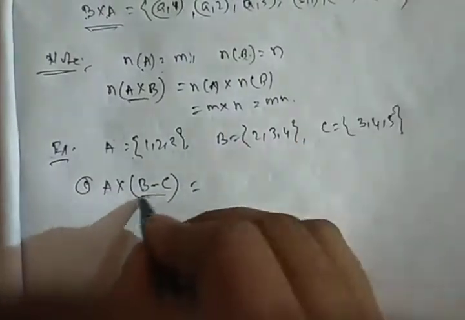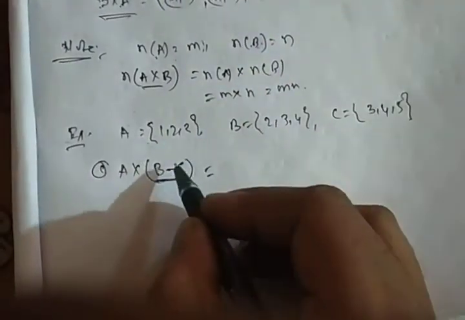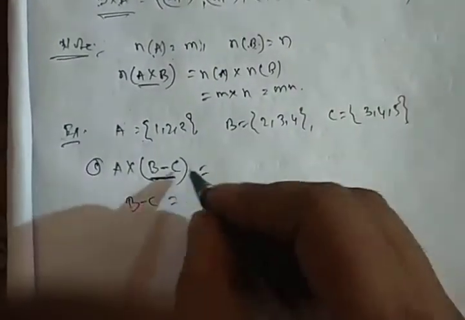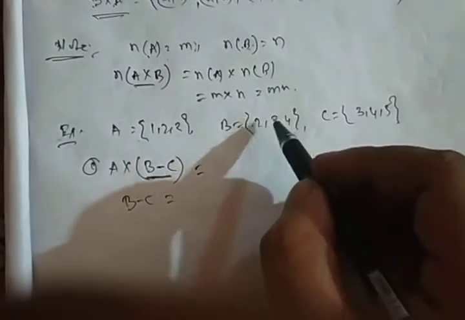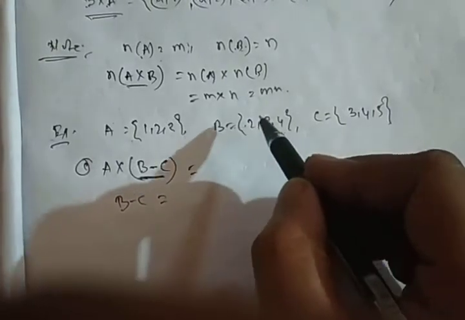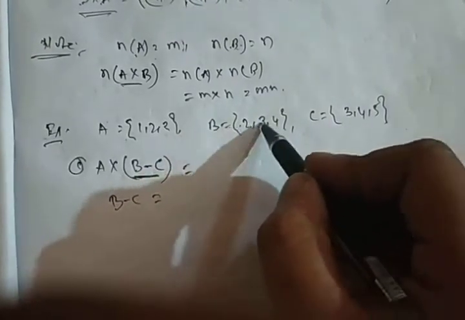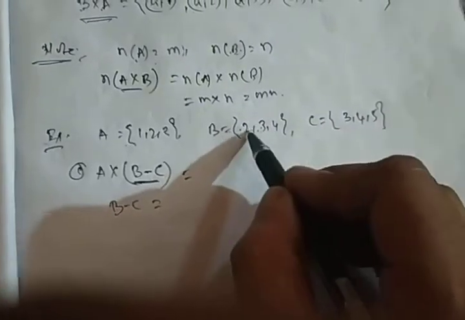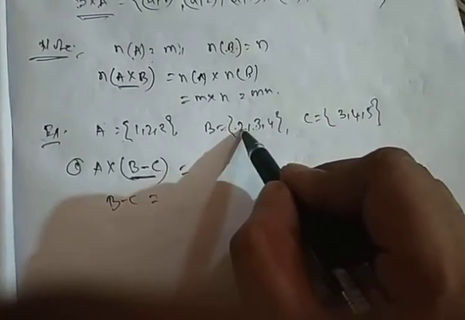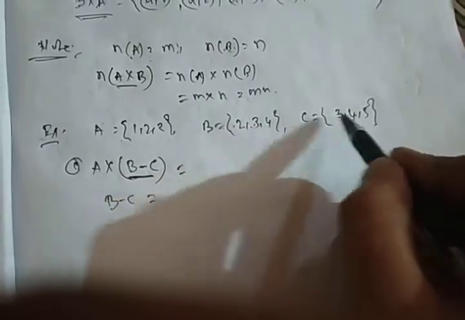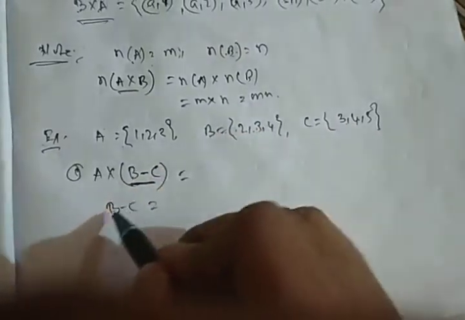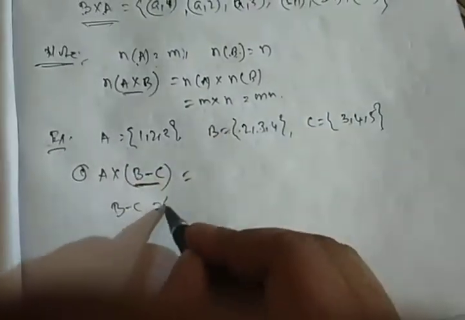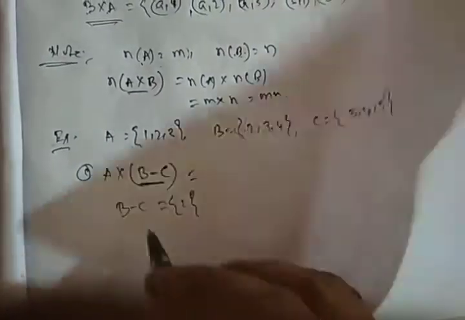First we have to find B minus C. This will be a set also. What will be B minus C? The elements which are in B but do not belong to C. Which are the elements? Only 2, right? 3 and 4 belong to C, so in B minus C, 3 and 4 cannot come. So only one element, 2.